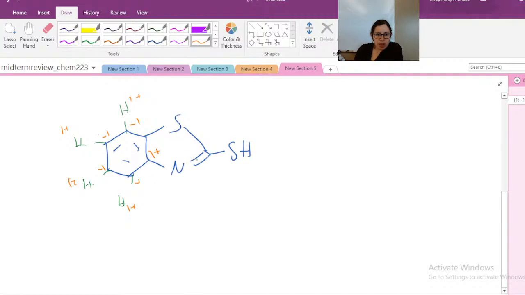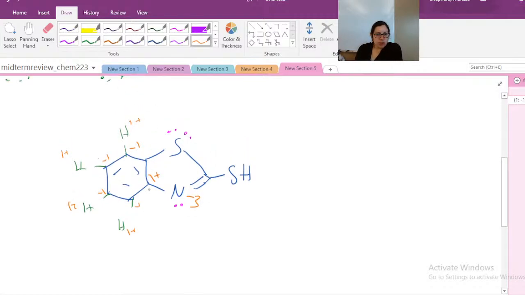This is also not drawn on here, but we should think about our lone pairs on our nitrogen. There are also technically lone pairs on our sulfur that aren't drawn. So we pull it off, and it gets 1, 2, 3, 4, 5, 6, 7, 8. That gives it a -3 oxidation state.